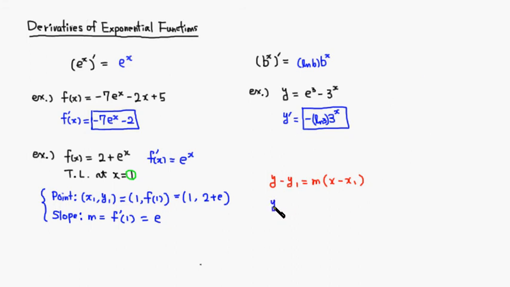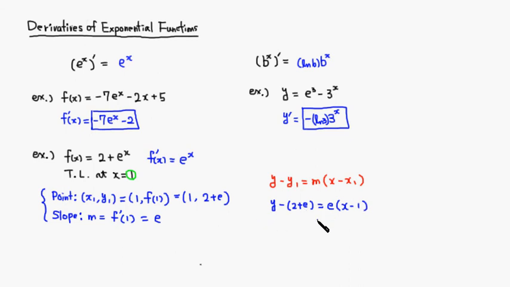So y minus y1 is 2 plus e. It looks a little bit ugly, but that's okay. Then the slope is e, and x minus 1.